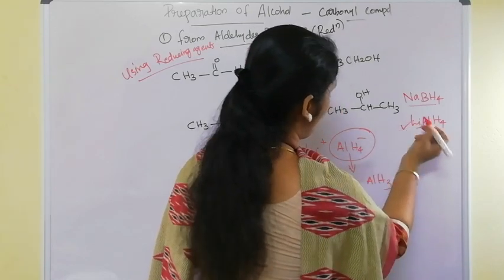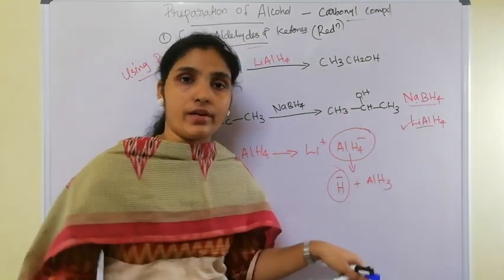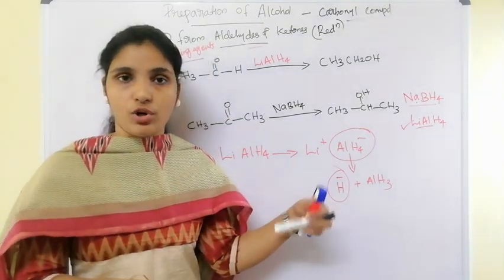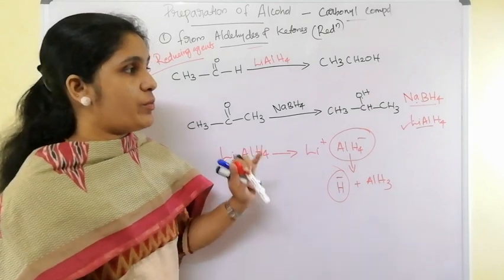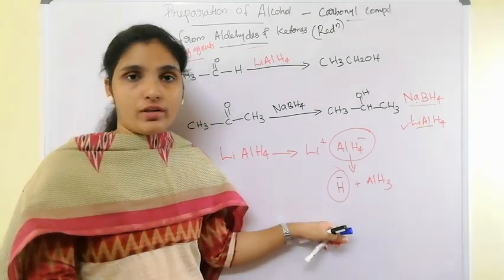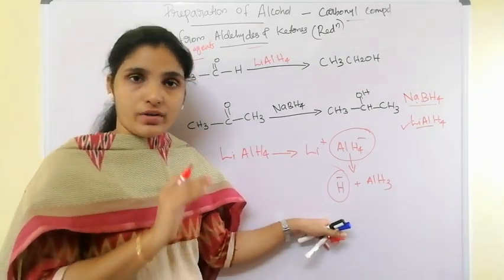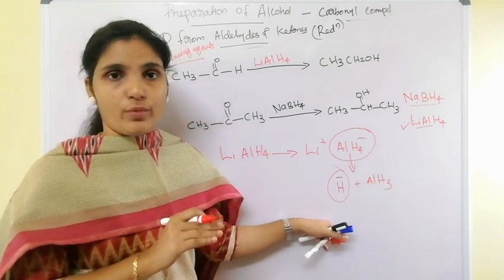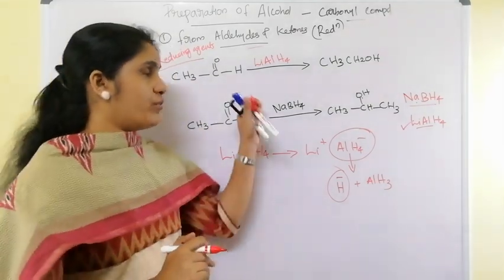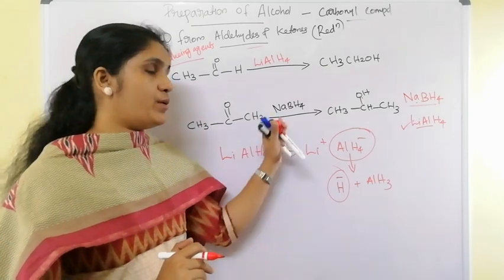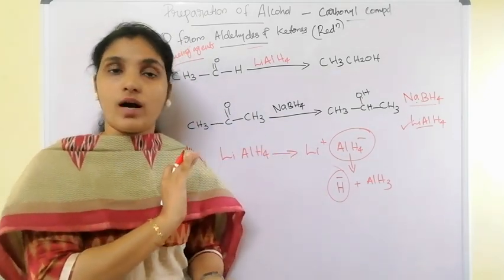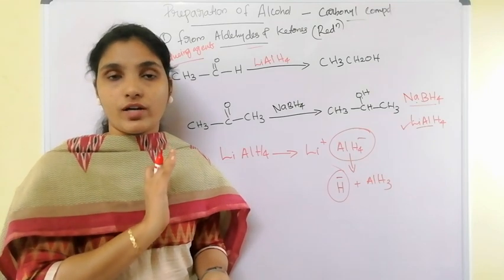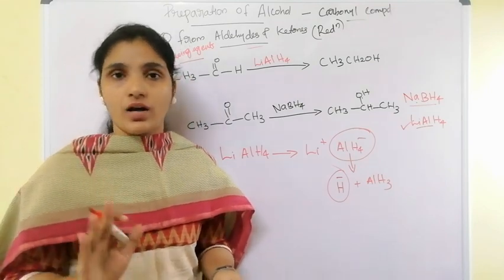And one more thing, comparing sodium borohydride and lithium aluminium hydride, lithium aluminium hydride is stronger than sodium borohydride. Generally we say both are strong, but when we compare the two, lithium aluminum hydride is a little stronger than sodium borohydride. Anyhow, there is no difference in the product formation. The products are the same. If you use either lithium aluminum hydride or sodium borohydride, aldehydes give the corresponding primary alcohol and ketones give the corresponding secondary alcohol.